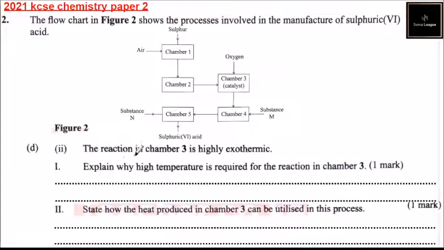Part D, we are told the reaction in chamber 3 is highly exothermic. That means a lot of heat is produced. So part 1, explain why high temperature is required for the reaction in chamber 3.